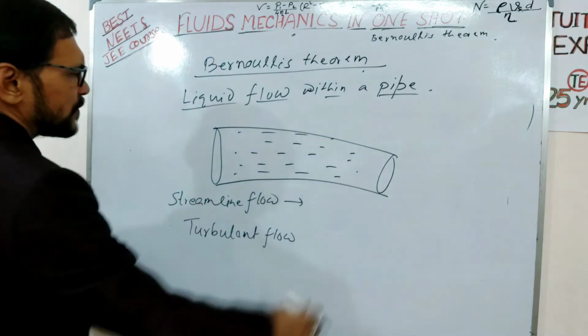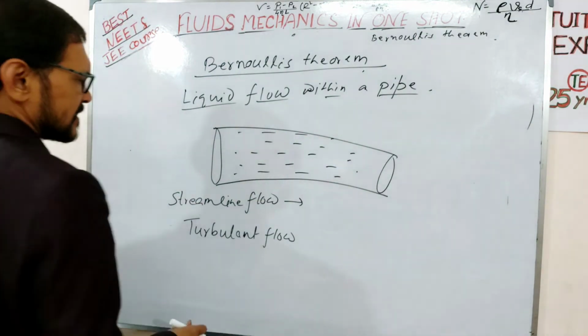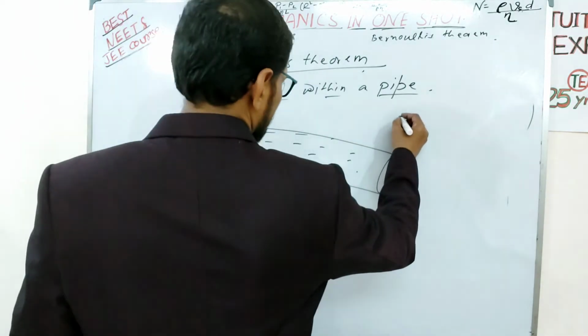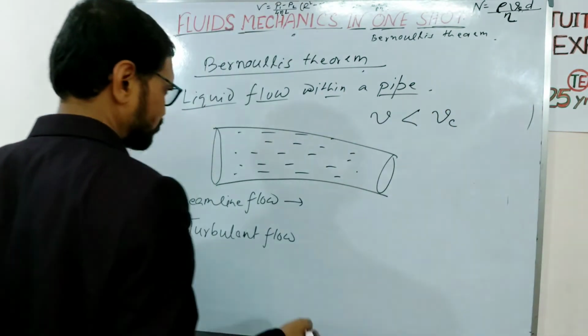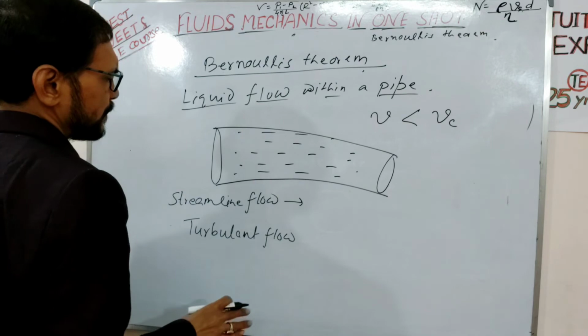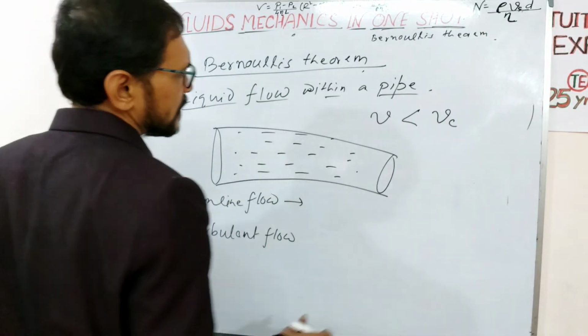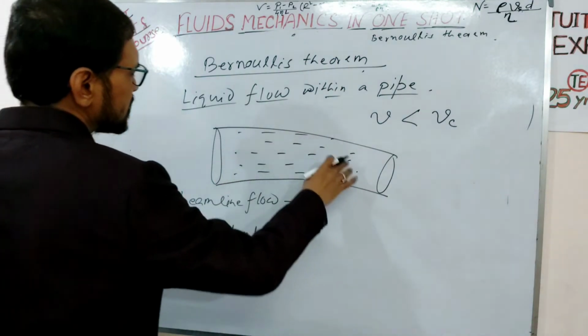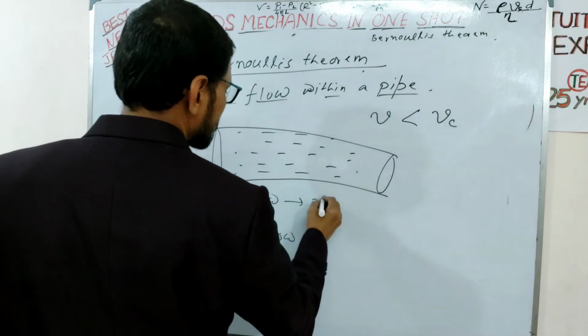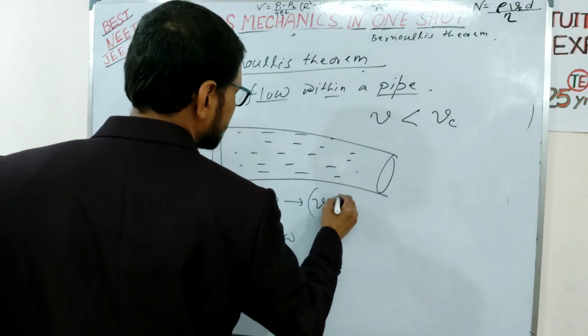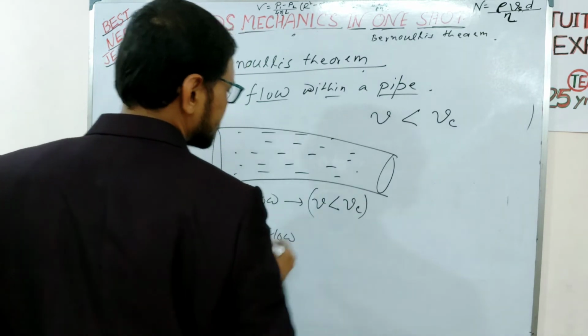If the velocity of the liquid is less than the critical velocity, then the flow becomes streamline. Critical velocity is a particular velocity. So for streamline flow, the velocity is less than the critical velocity.